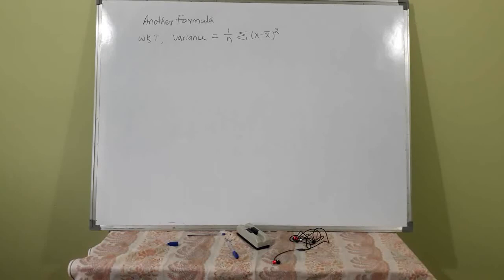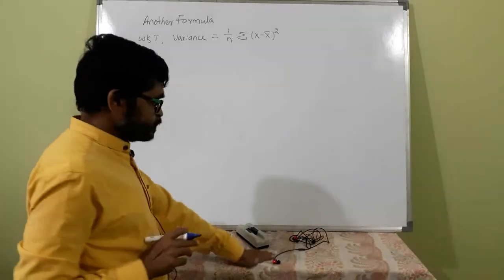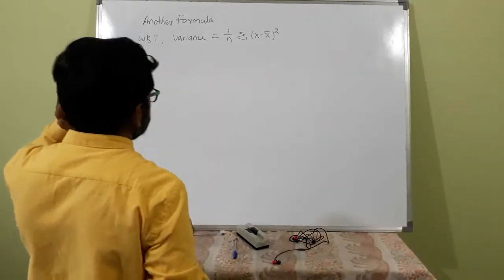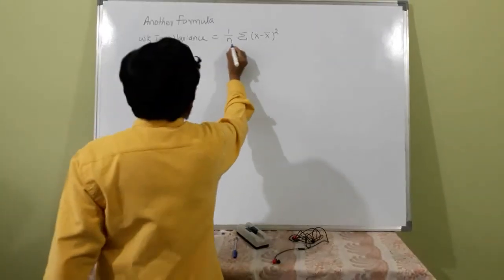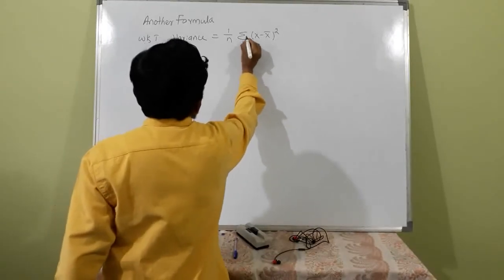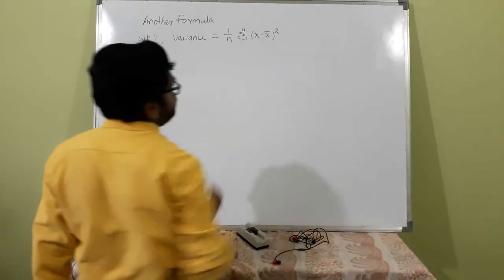let us develop another formula for variance. Many times it is easy to compute the second formula. Unless otherwise mentioned, summation is running from 1 to n.